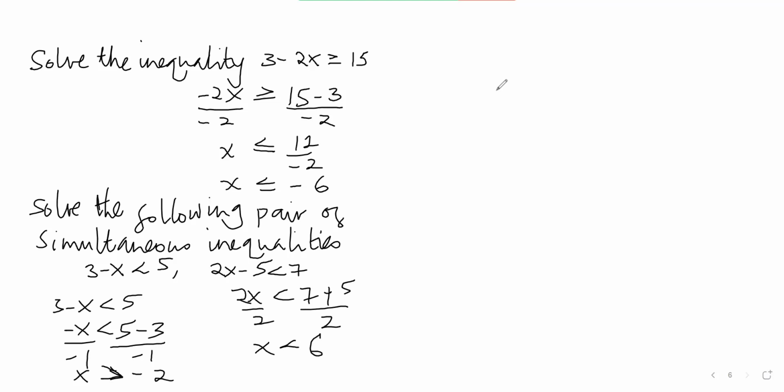So if we are combining these two, we know that x is greater than minus 2, but it is less than 6. We put x at the center. X is greater than minus 2, but it is less than 6. We want to plot this, you can plot it.